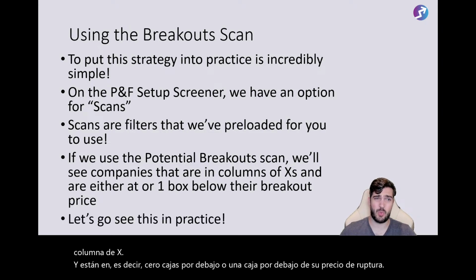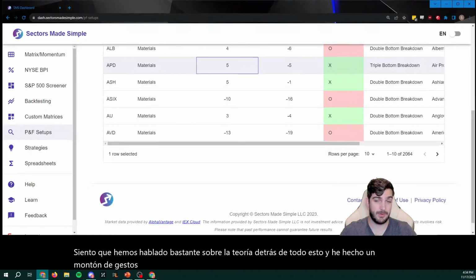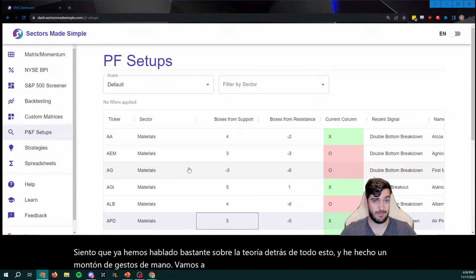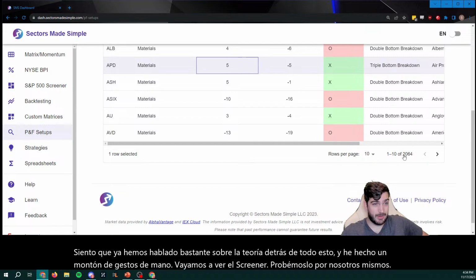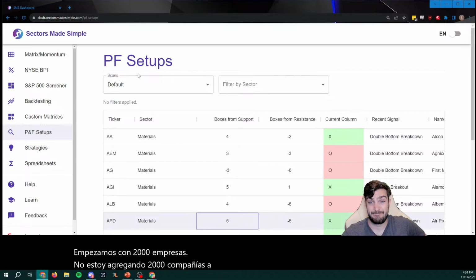I feel like we've talked quite a bit now about the theory behind all of this, and I've done a bunch of hand waving. Let's actually go and look at the screener. Let's try this for ourselves. So, we're starting off with 2,000 companies. I'm not adding 2,000 companies to a watch list. I'm sorry.